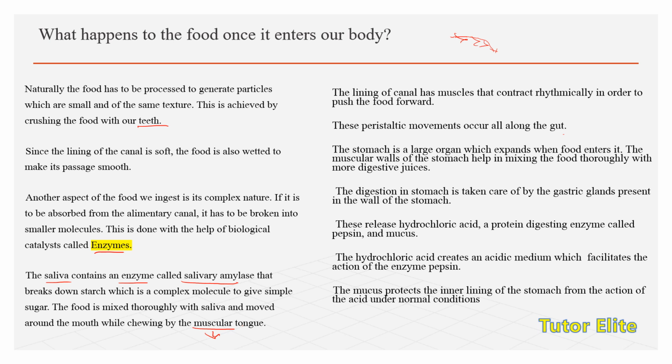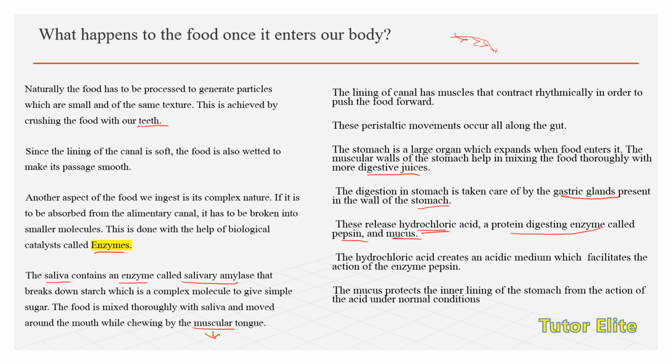The stomach is a large organ which expands when food enters it. The muscular walls of the stomach help in mixing the food thoroughly with more digestive juices. The digestion in the stomach is taken care of by the gastric glands present in the wall of the stomach. These release hydrochloric acid, a protein digestive enzyme called pepsin, and mucus. Why hydrochloric acid?